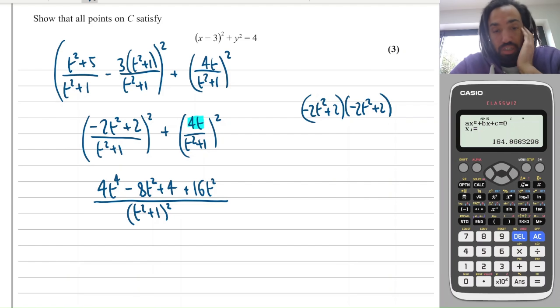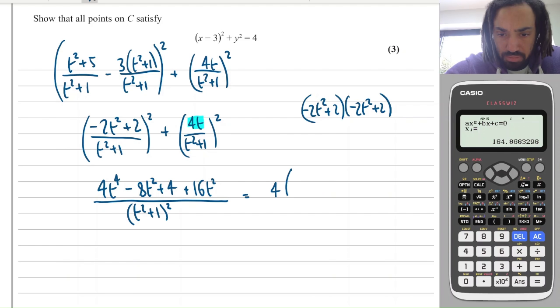Okay, so next that is going to equal, take out a 4, and I'm going to get t to the 4 plus 8t squared plus 1. Nope, sorry, I've taken out a 4, so that should be 2.